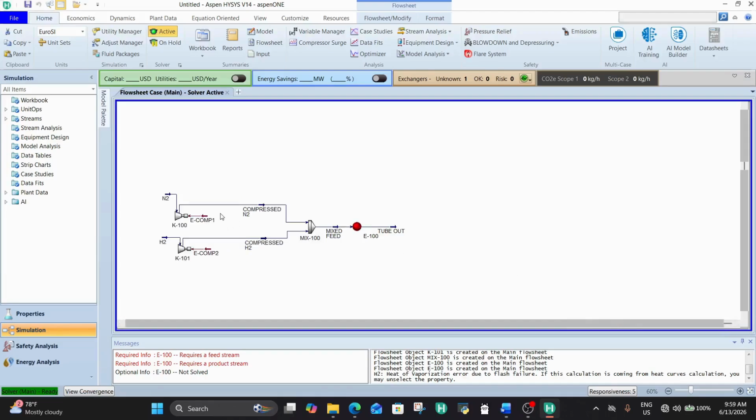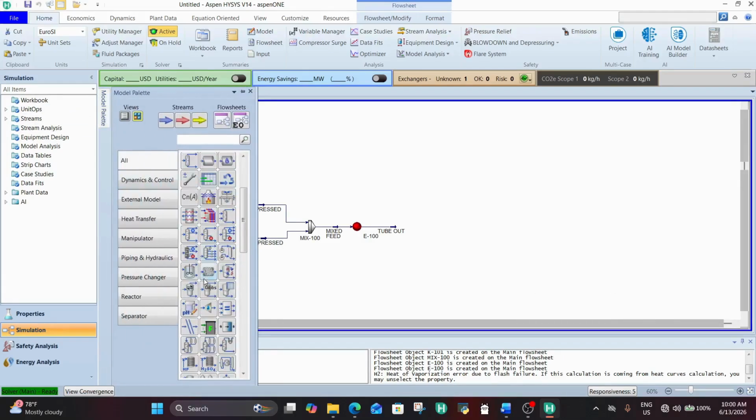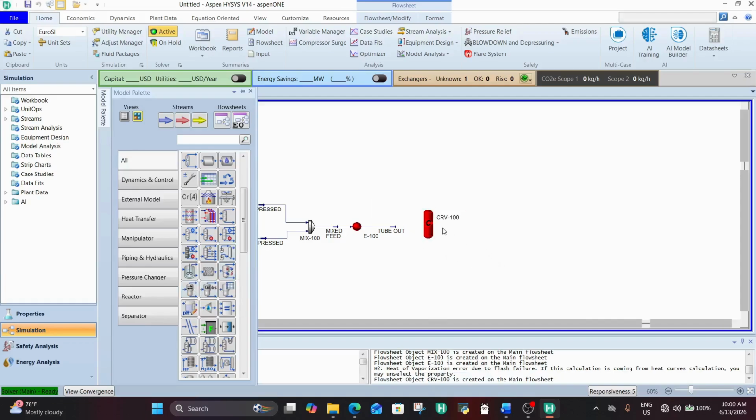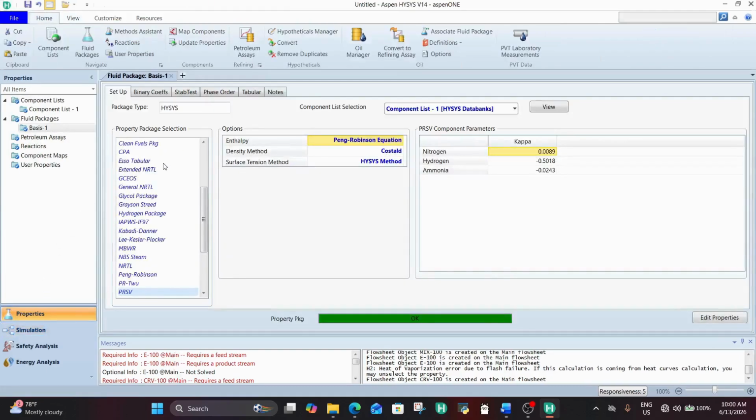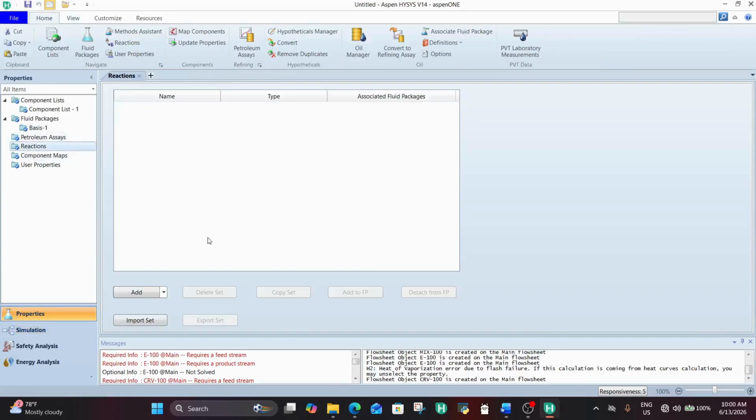Now, our reactor. Remember, we're using a conversion reactor for our Haber-Bosch process, ammonia synthesis. But remember, a reactor does not work without reactions. So we have to specify our reactions.